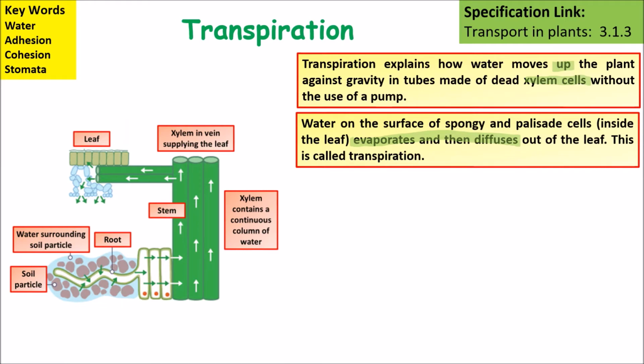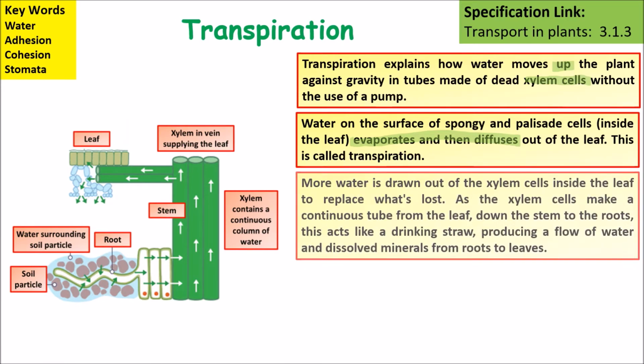So this is called transpiration or evapotranspiration. More water is drawn out of the xylem cells inside of the leaf to replace what's lost. As the xylem cells make a continuous tube from the leaf down the stem to the roots, this acts like a drinking straw, producing a flow of water and dissolved minerals from the roots all the way up to the leaves.